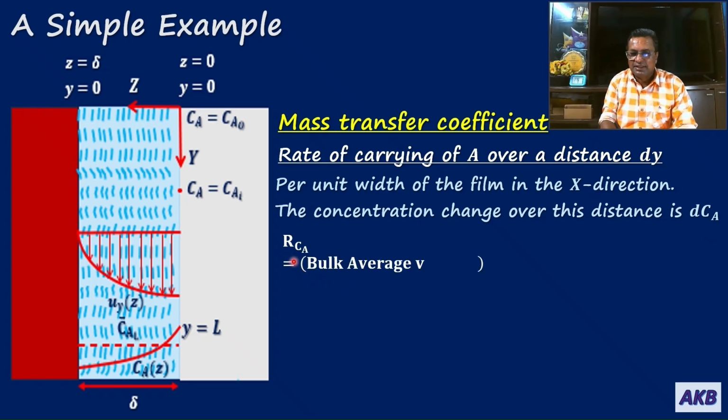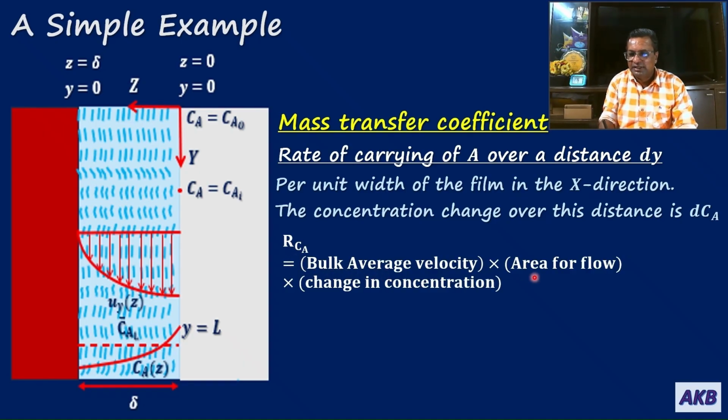So the rate at which A is carried over a distance dy, I am denoting it as RCA. RCA will be equal to bulk average velocity into area for flow into change in concentration. So RCA will be equal to Uy bar, the bulk average velocity, into the flow area, which is delta into 1, delta into 1 in the perpendicular direction, the x direction.